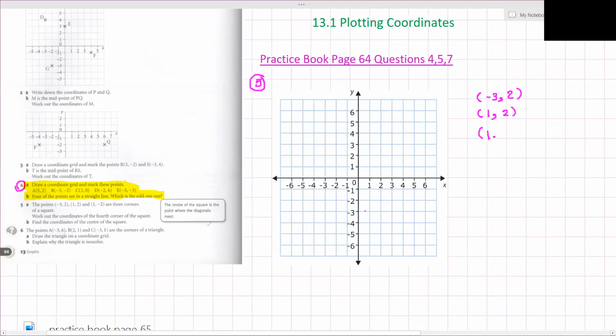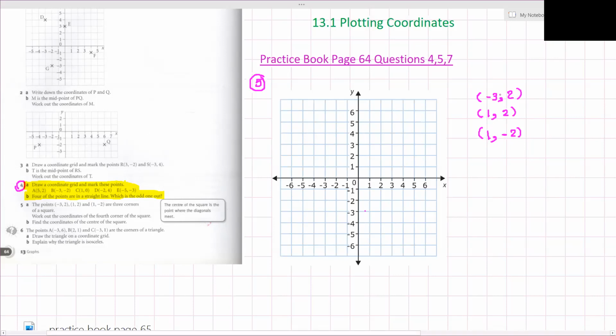He said that these points are three corners of a square. Work out the coordinates of the fourth corner of the square. Find the coordinates of the center. Okay. Step by step. So we will start first by plotting these points.